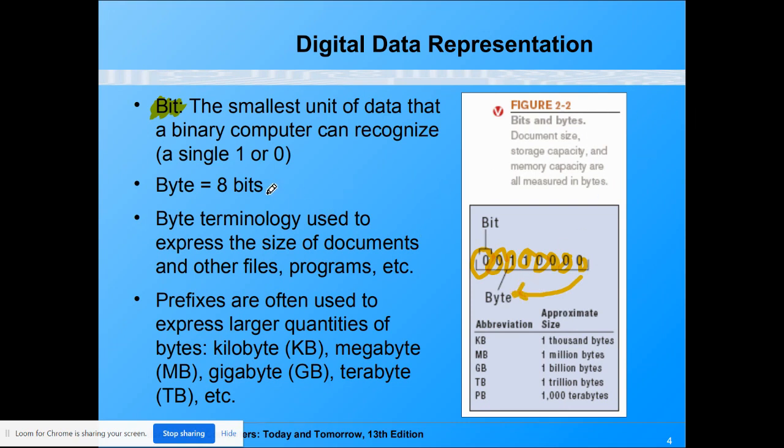When we say byte or bits, we are expressing the size of a document or any files that you have in your computer and programs. Your files contain several bits, or groups of bytes.